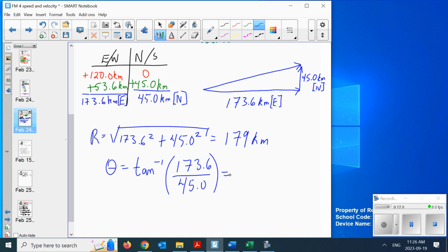And I let my calculator do all this. You want to find the decimal for that, 173.6 over 45 first, you're welcome to do that. So, I get 75.5.